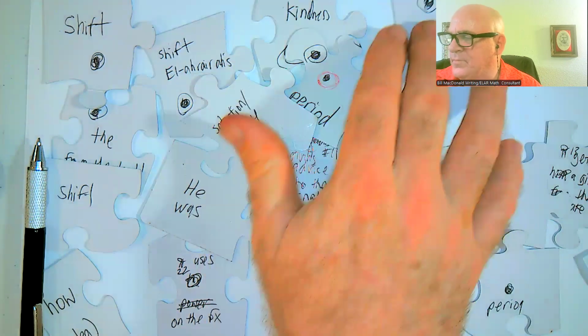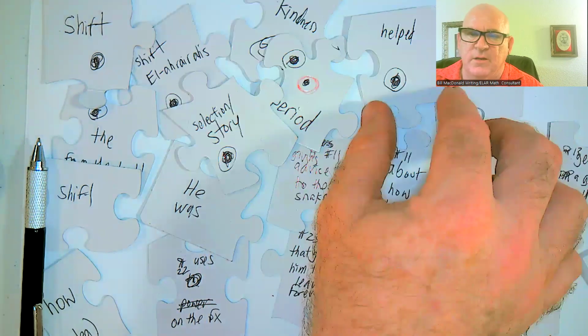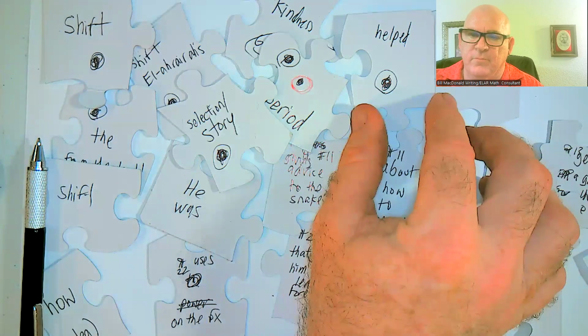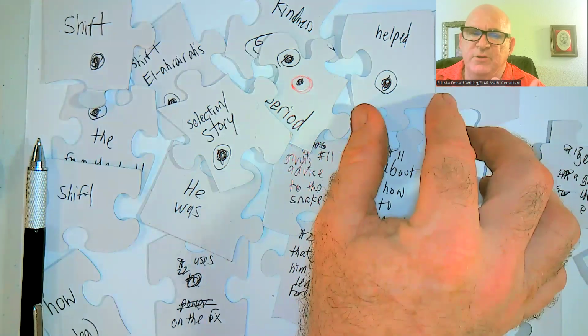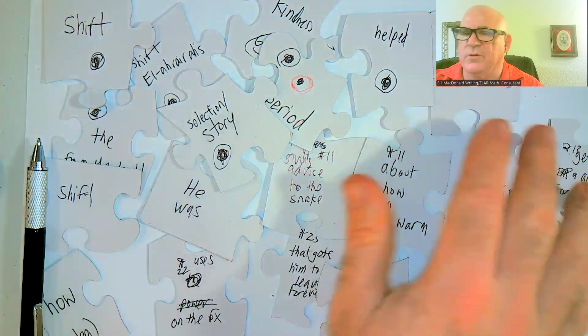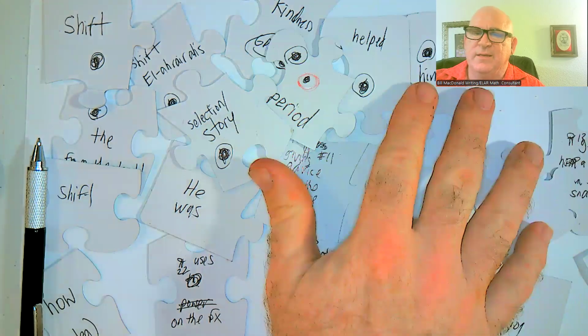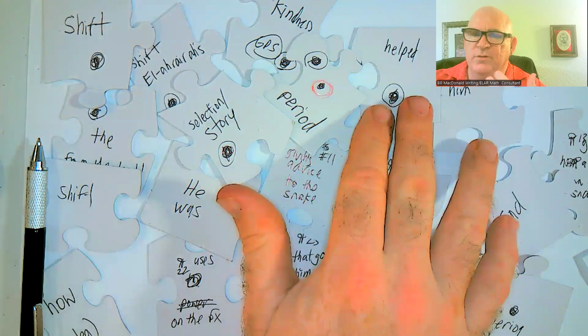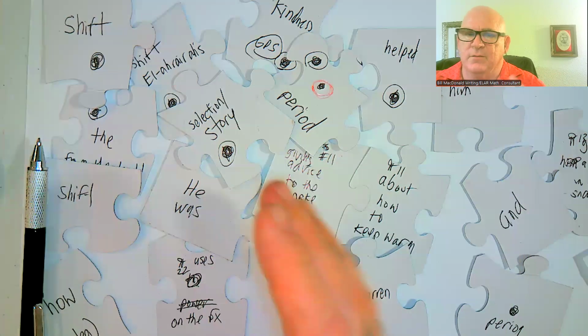Well, assisted him, worked to his advantage. Depending on the grade level, you don't have to use the exact words. You can use any words that mean the same thing.